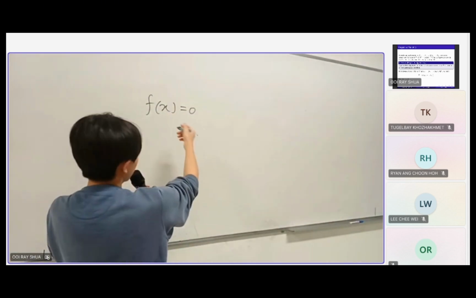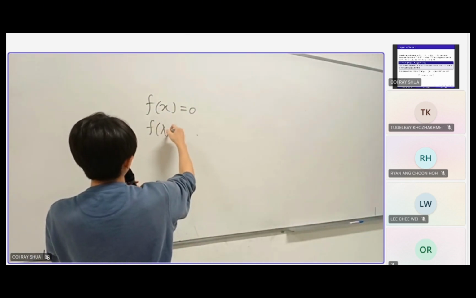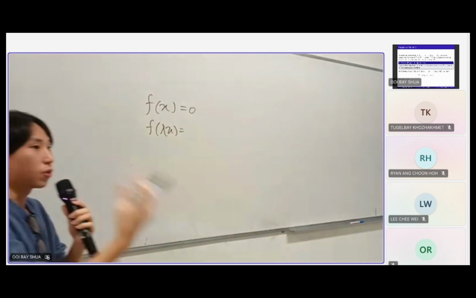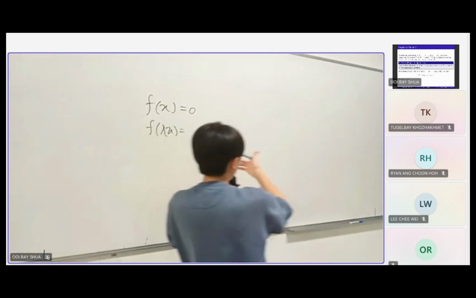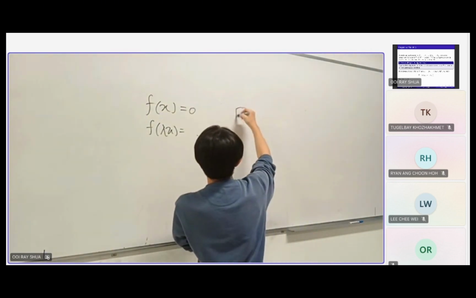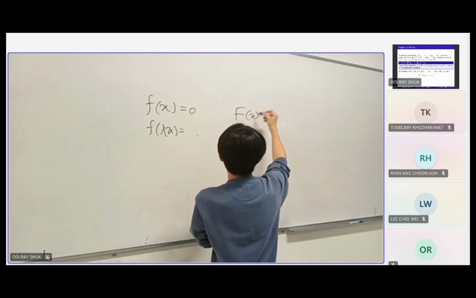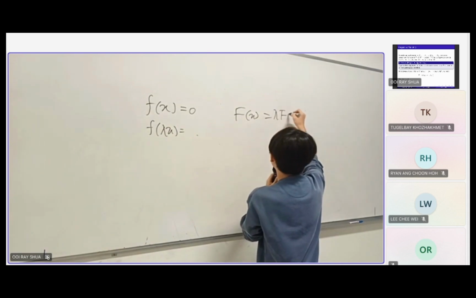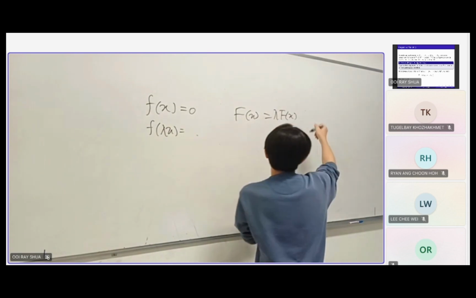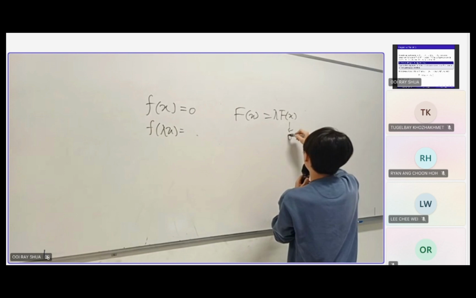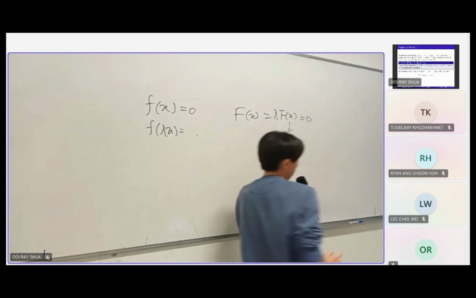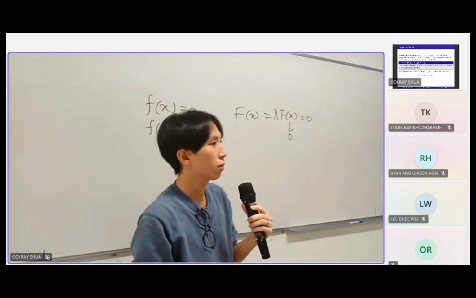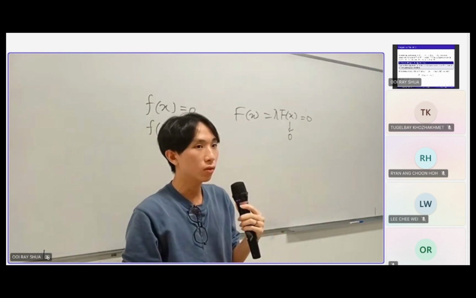For the same x, if you multiply by lambda, the zero set might be different. But if it's a homogeneous one, then if you multiply by lambda, this is still 0, like lambda to the degree of x. So everything will still be 0.